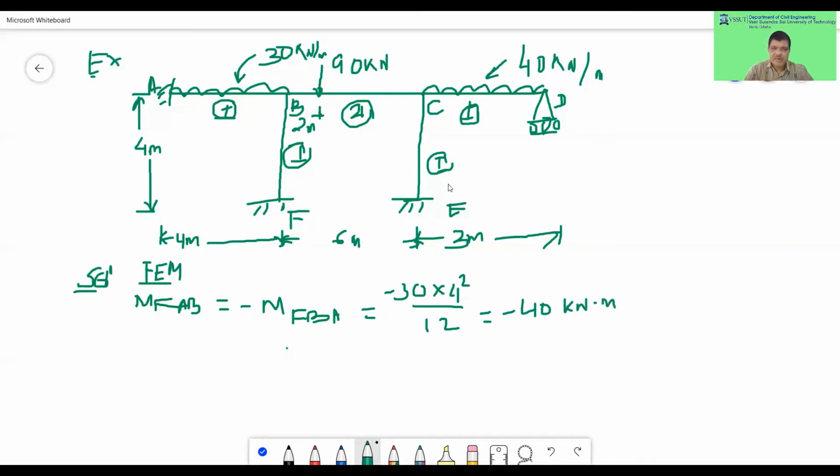Similarly, if you calculate for MBC, now MBC and CB will be different because of this point load, not at center. So minus W a b square by L square. So 90 into 2 into 4 square by 6 square, this comes out to be minus 80 kilonewton meter.